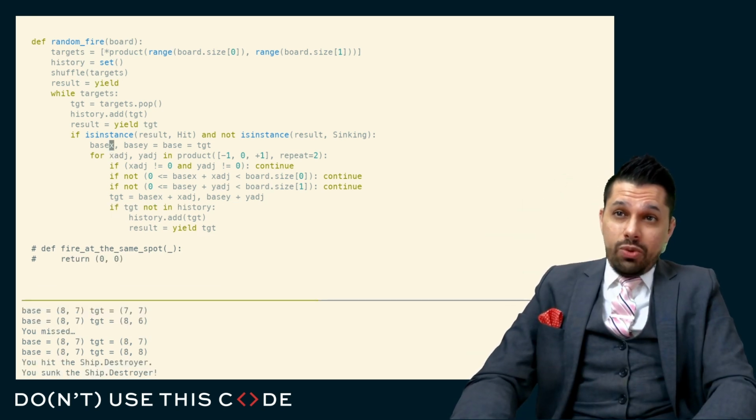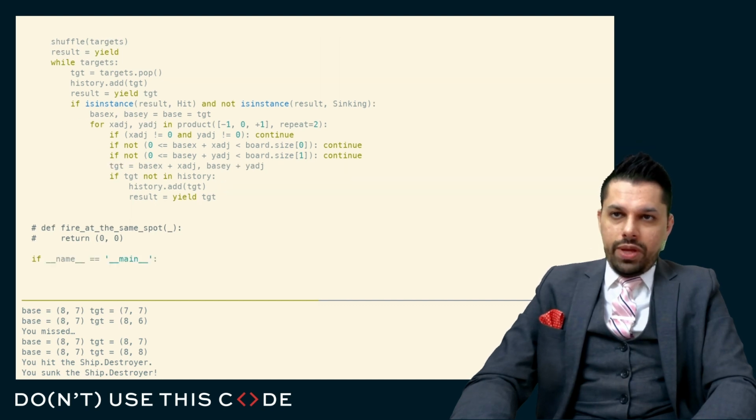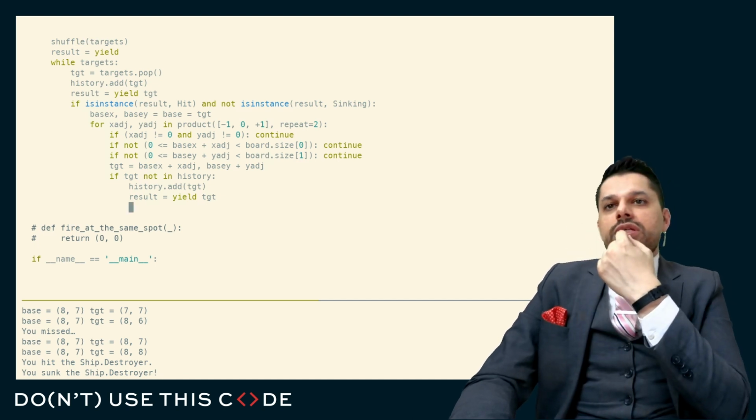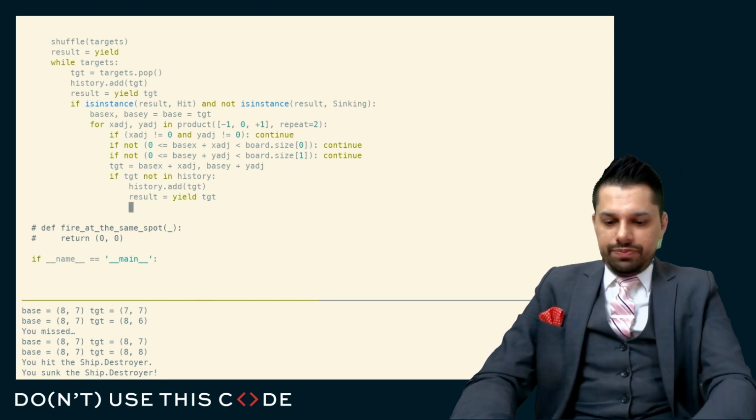So the next thing that we're going to do here, just to see if we can wrap this up, but I think this is going a lot better than what we had before, is if this consequent result was a miss, then we keep hitting. But if it's a hit, then we kind of know the direction.